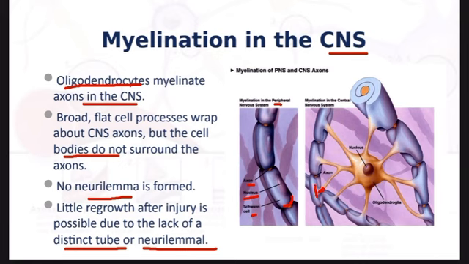It cannot go, like in 3D, wrapping around the whole cell. So that's one of the problems. We also don't have the full coverage of the nucleus of the cell, I can't cover it all, so I have no neurolemma. That's why it's hard to repair, regenerate or regrow after an injury.